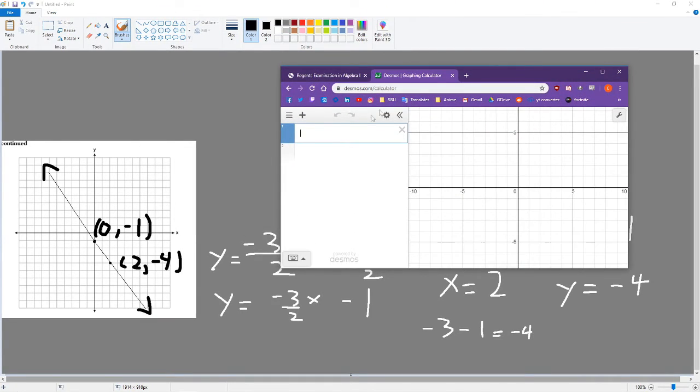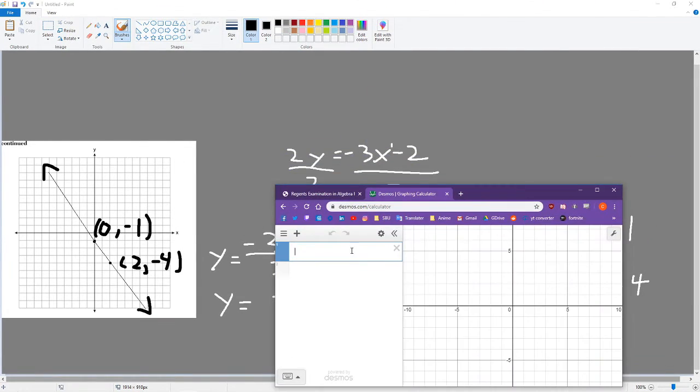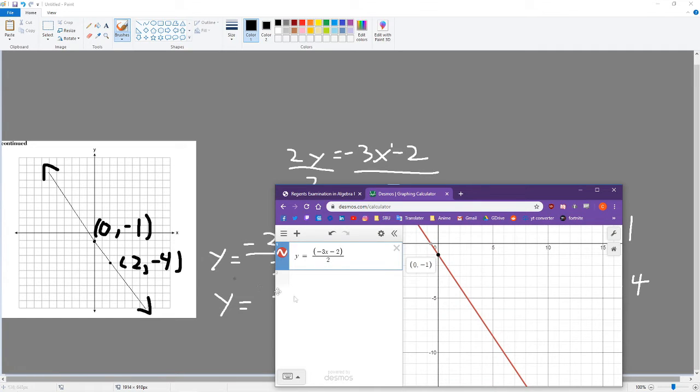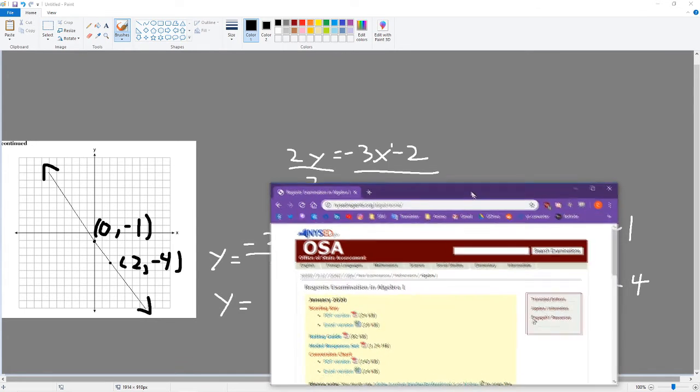Remember we have y is equal to negative 3x minus 2 all divided by 2. So here's our first point, 0, negative 1. And our next point was x equals 2, and this is our second point. The reason I did x equals 2 is so I can see the 2 points that I'm talking about: 2, negative 4, and 0, comma, negative 1, right? So those are for the 2, okay?